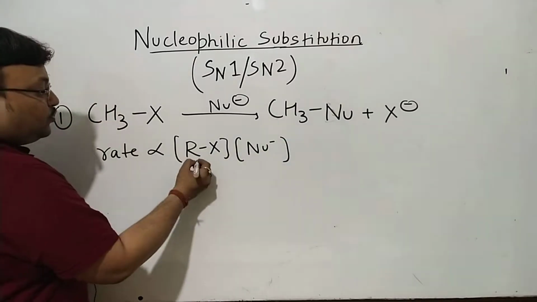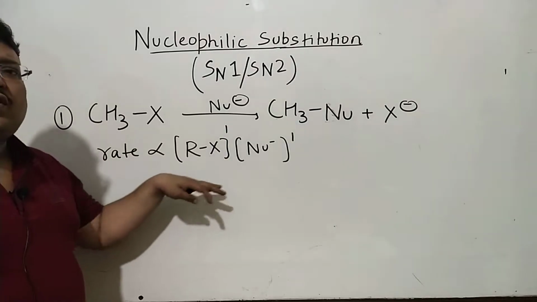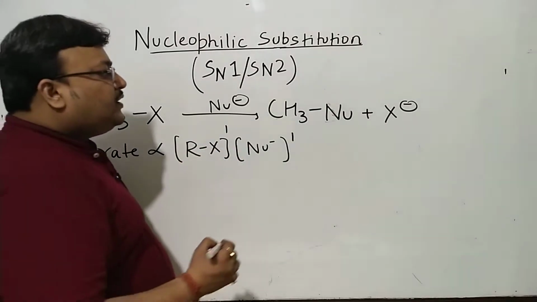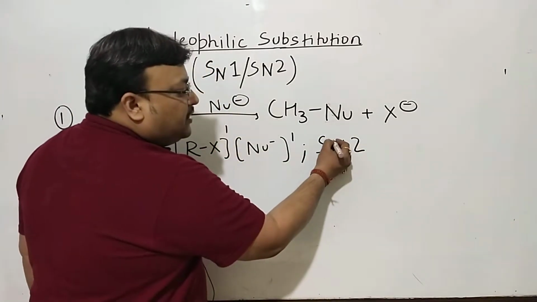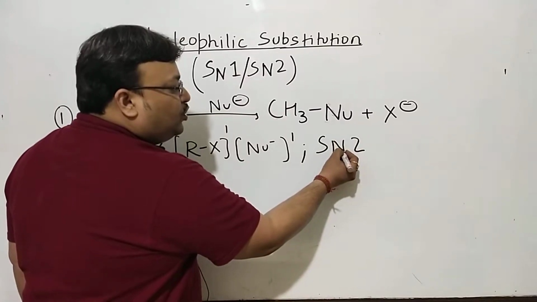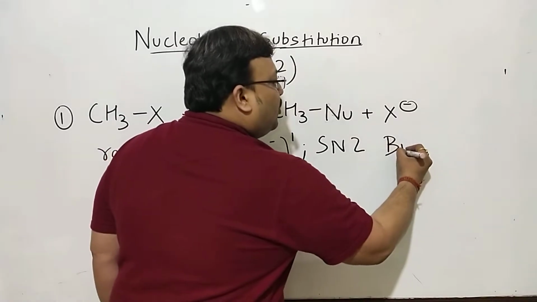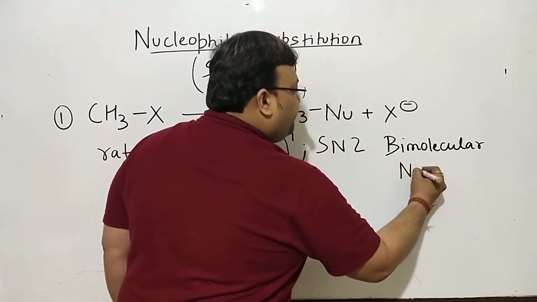So this is proportional to halide to the power 1, nucleophile to the power 1. So the overall order of the reaction is 1 plus 1, 2, and this is when you call it SN2. This capital N in the subscript is nucleophilic substitution, and 2 determines its order or molecularity. It's bimolecular nucleophilic substitution.